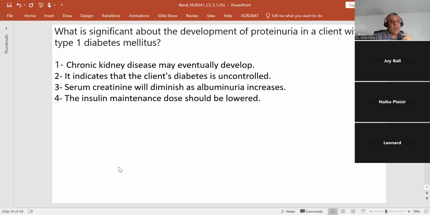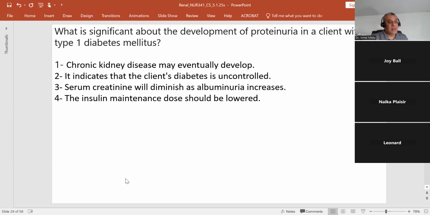The protein in urine is a significant indication that the patient has, or is at least in the process of developing, kidney damage. They haven't gone to that stage, but it's a detrimental finding that may indicate kidney failure. So it's an indicator of kidney function, and not of control of the diabetes. So insulin therapy should not be altered because of the proteinuria. That's why number 4 is incorrect.